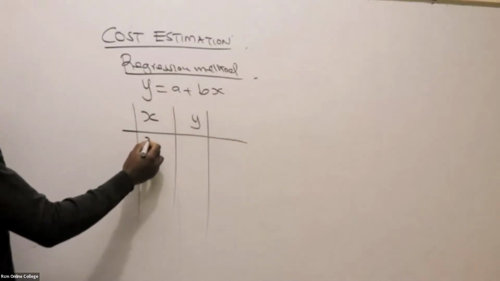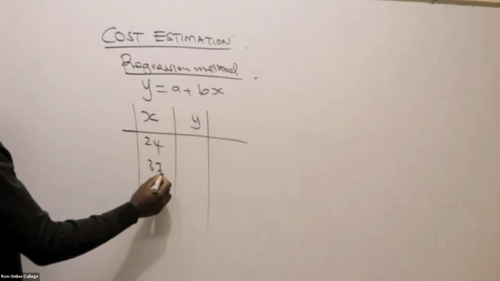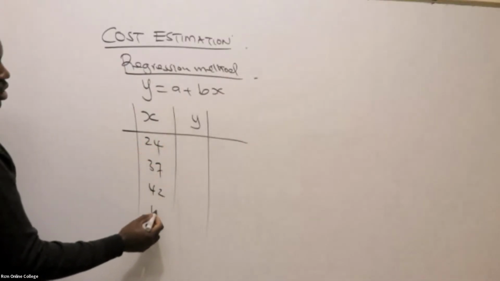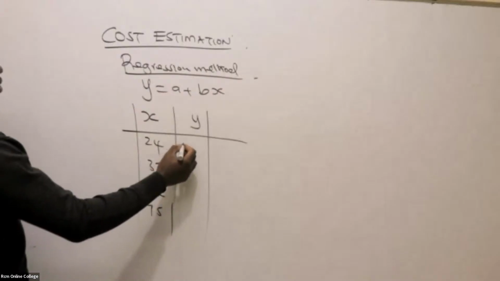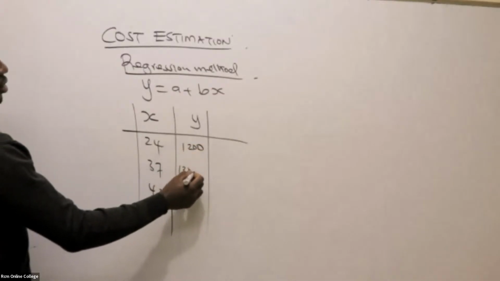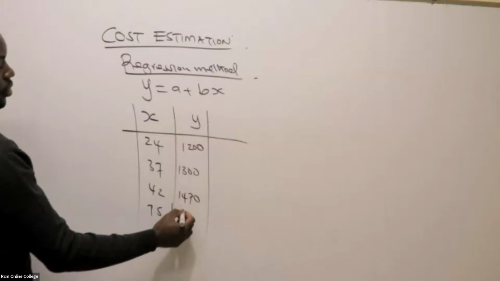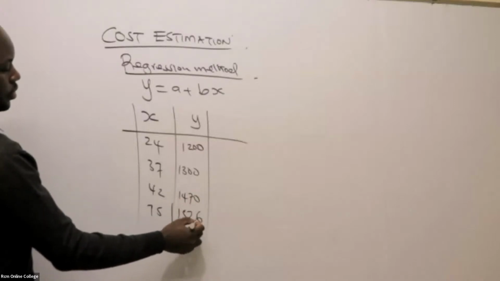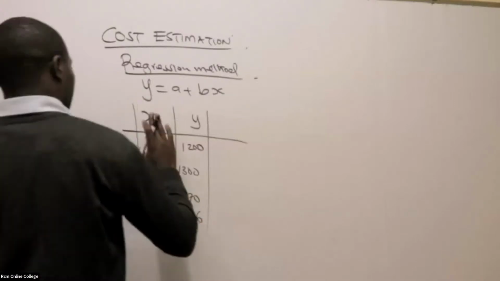Right? So maybe your x is 24, 37, 42, 75. Then this here, 1,200, 1,300, 1,470, 1,526. That is your cost.